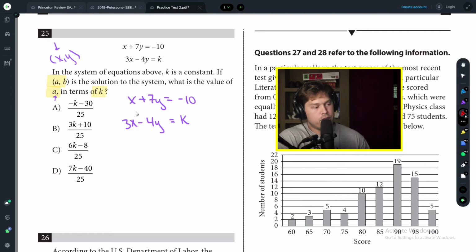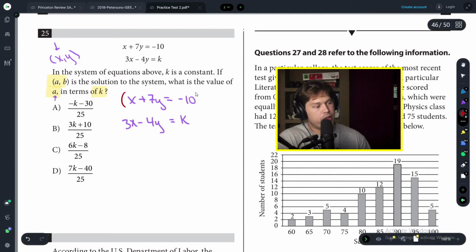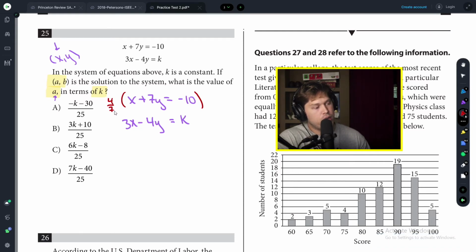Well, I'm going to multiply everything in this top equation by 4/7, and I'm multiplying by 4/7 to change this 7y to a 4y so I can then eliminate my y's.